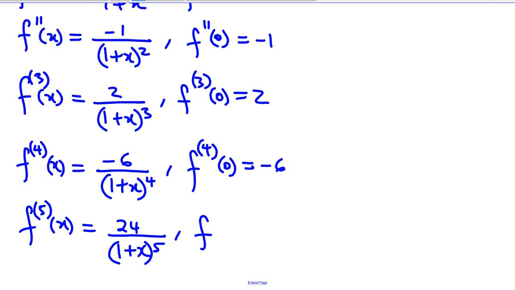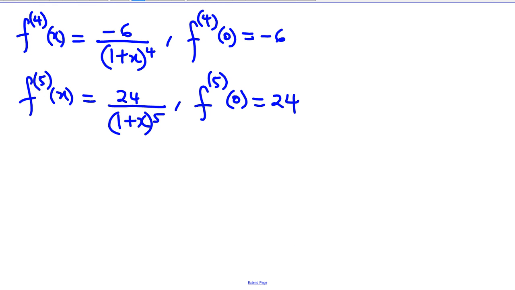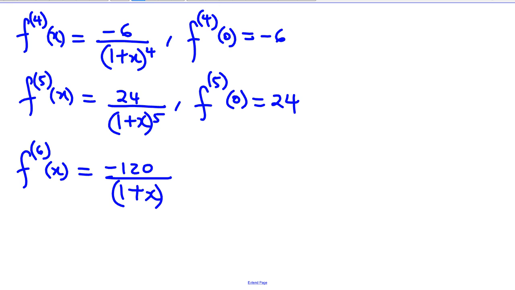The value of the fifth derivative at x equals 0 will be equal to 24. The sixth derivative of this function will be equal to negative 120 over (1 plus x) to the power 6. The value of the sixth derivative at x equals 0 will be equal to negative 120.